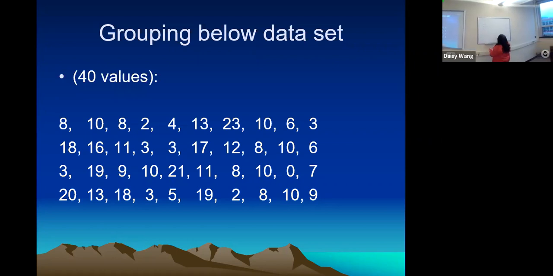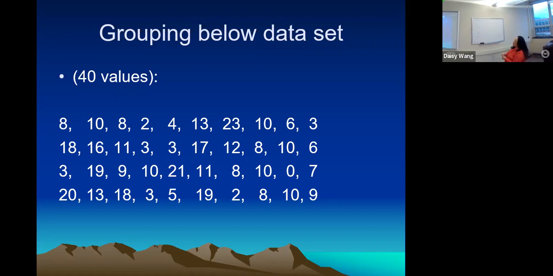So it should be 1 to 4, because we include 1: 1, 2, 3, 4. Then 5 to 8, 9 to 12, 13 to 16, 17 to 20, 21 to 24. Then we have 6 groups. This is what we want.